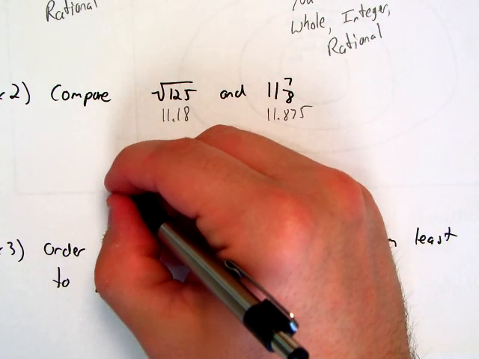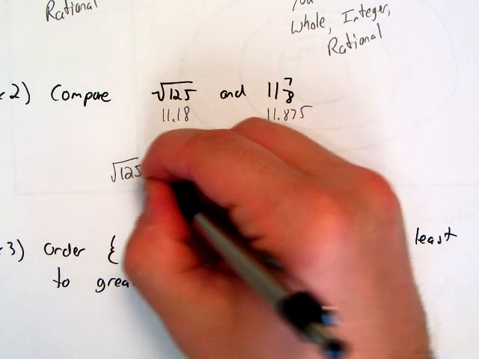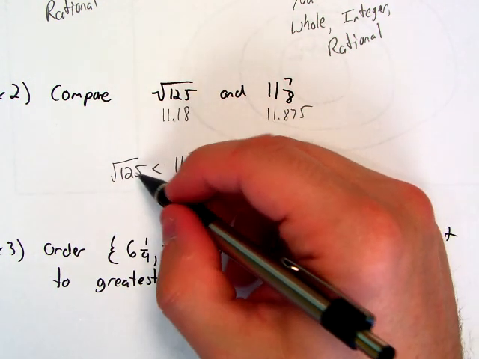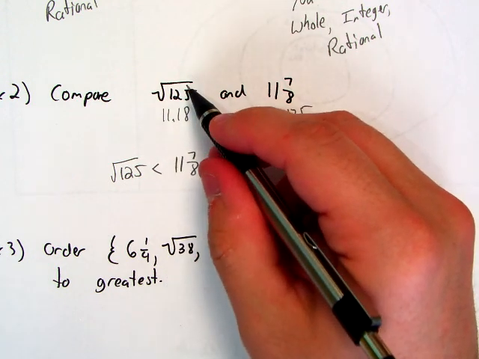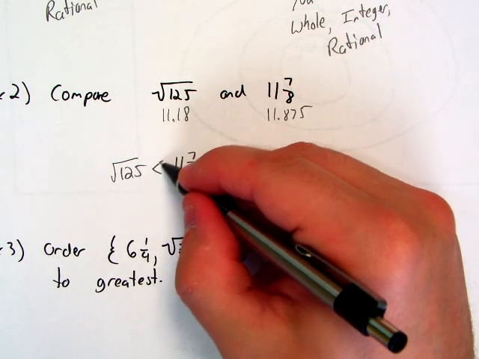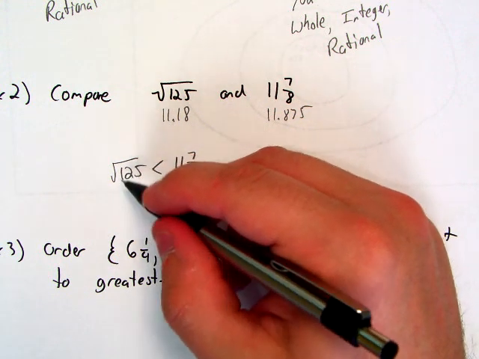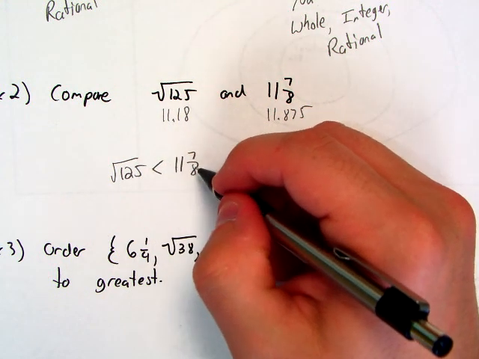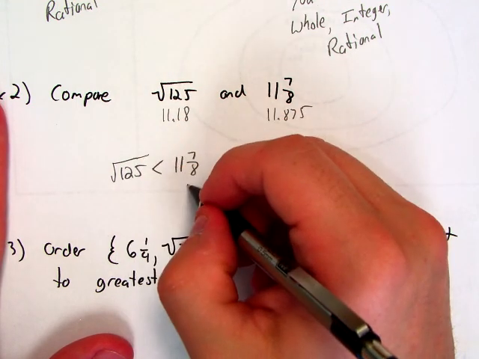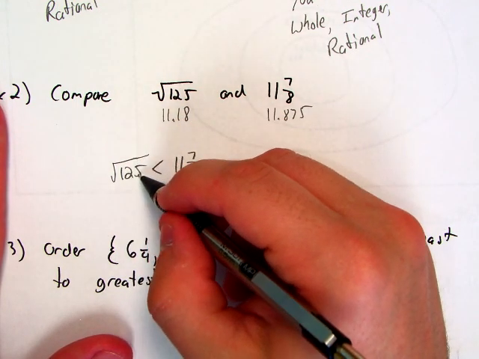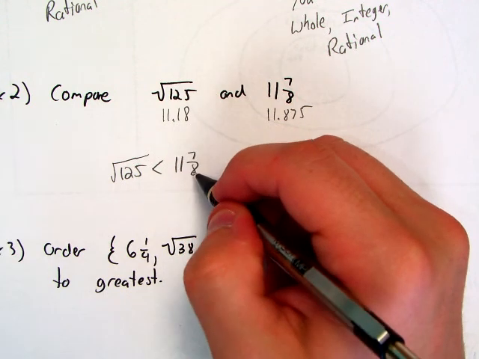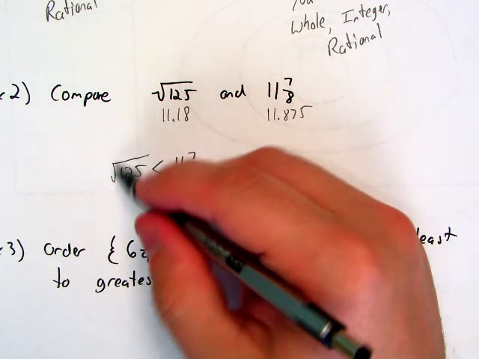So we would write it down as this. We always want these numbers back in their original format. And we always talk about how the left side compares to the right side. So the way that this would be said is the square root of 125 is less than 11 and 7/8. That's how this would be said.